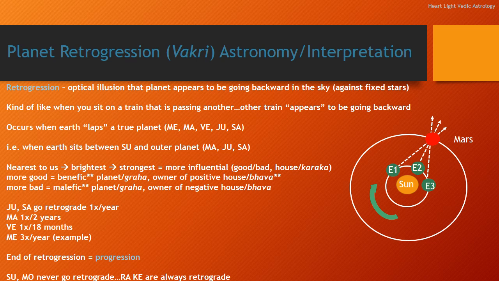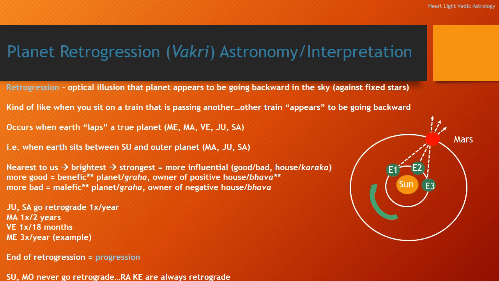Okay. And the good or badness affects primarily the houses owned by the planet that's retrograde, and it influences primarily the Karaka. So the Karaka is the planetary symbol.